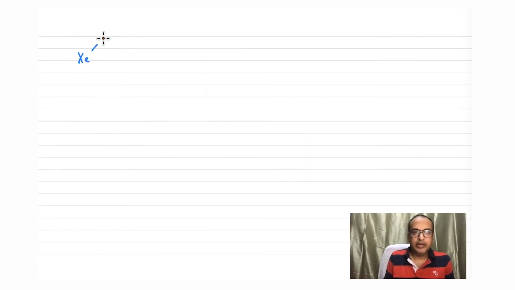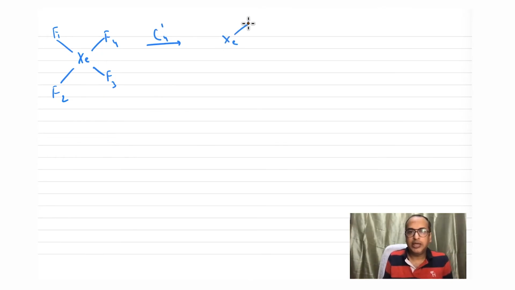So Xe, F, F, F, F, 1, 2, 3, 4. Okay, let's quickly do C4 1. What do we get? Xe, F, F, F, F. So this is a rotation by 90 degrees, C4 1, 2 pi by 4, right? So this is a 2 pi by 4 rotation, which is 90 degrees.